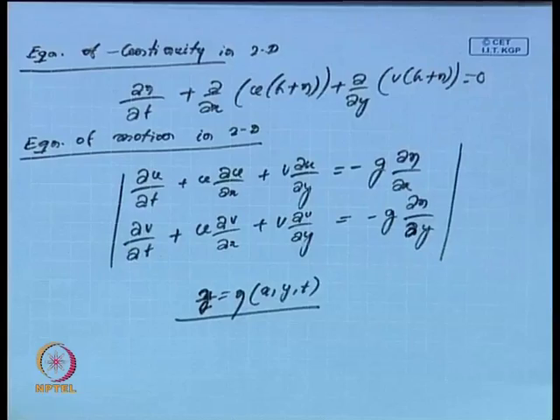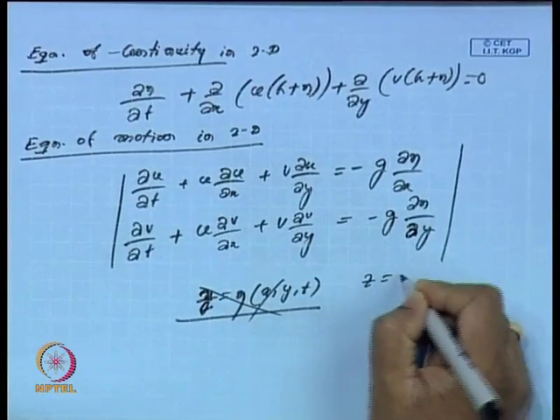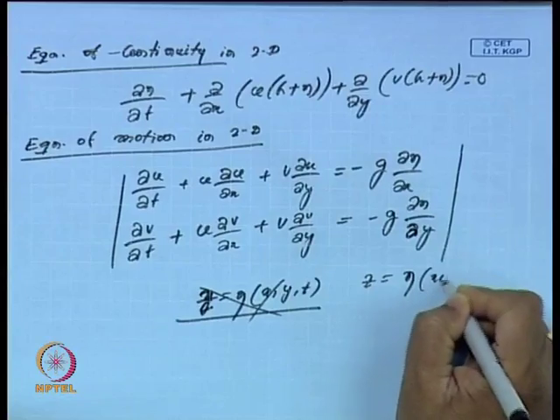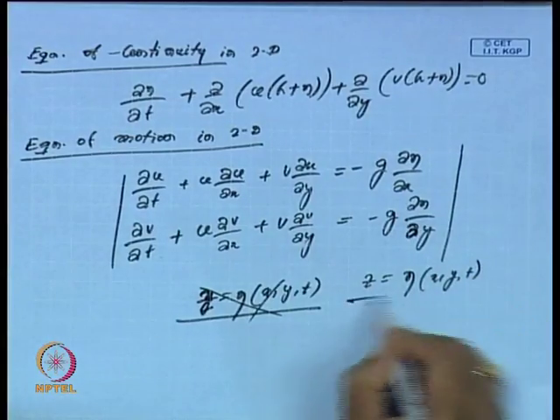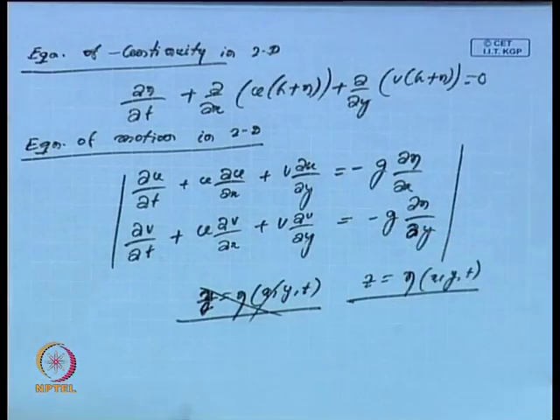So, these are some of the hints for the two-dimensional case. Then the equation of motion will be these two equations, whereas the equation of continuity will be these two.